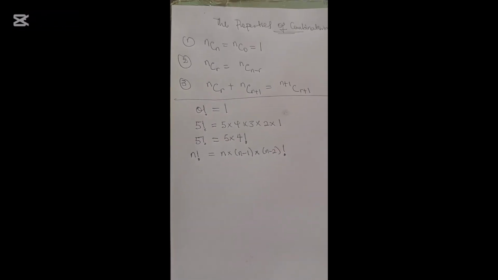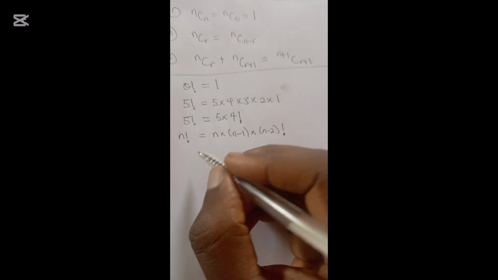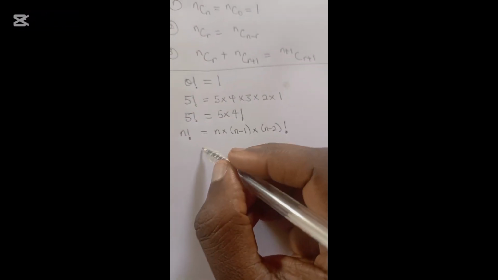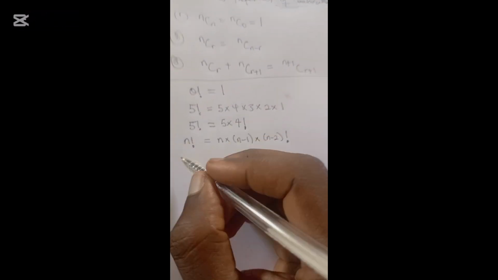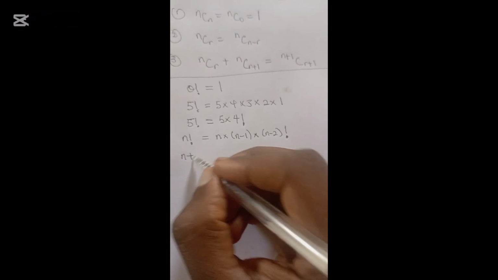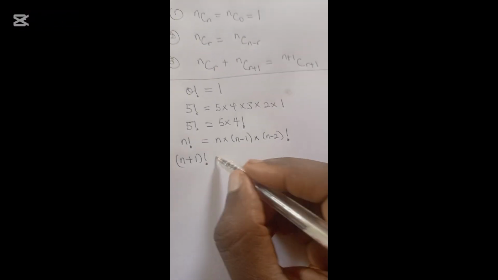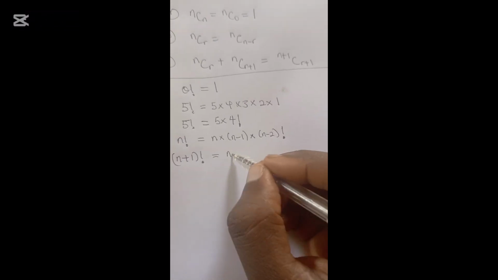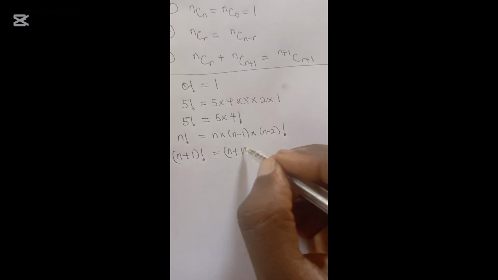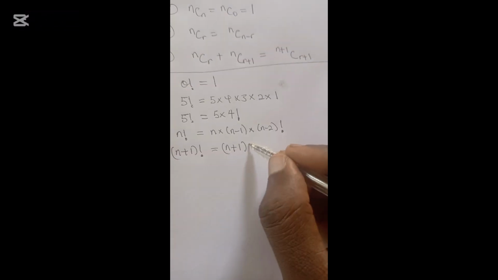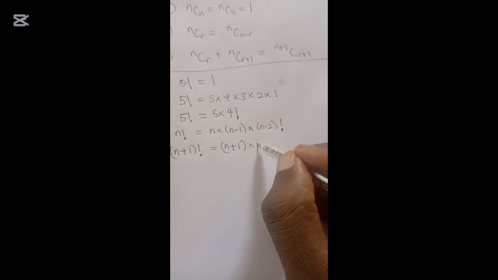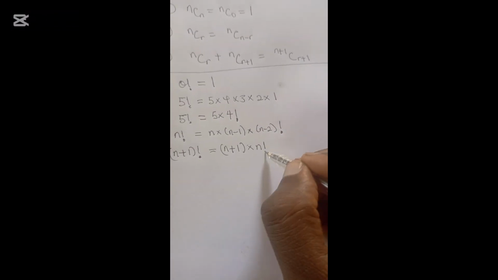So when we are asked to simplify and we have n plus 1 in brackets factorial, we can just drop it as n plus 1 in brackets, reduced by 1, times n factorial.